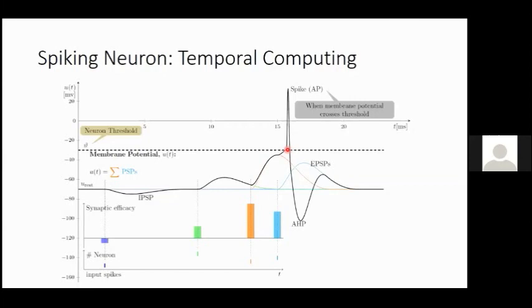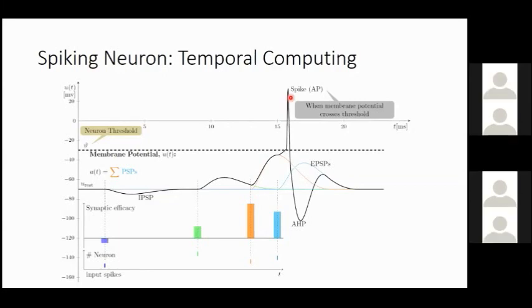A spike means that its voltage is going to drastically increase, followed by a slow inhibitory phase of the neuron. Here the neuron has responded to all these 4 different input spikes coming through different synapses with different synaptic strengths.